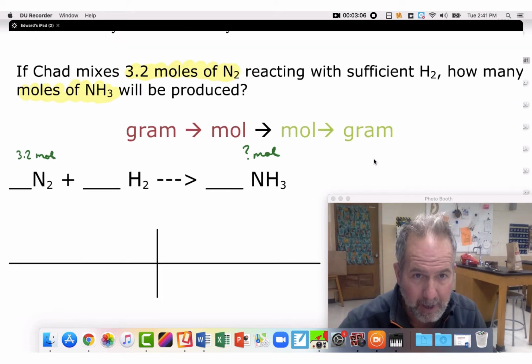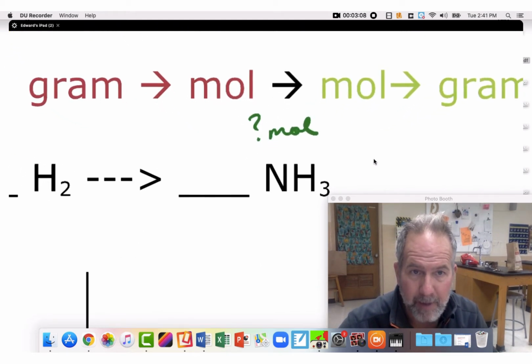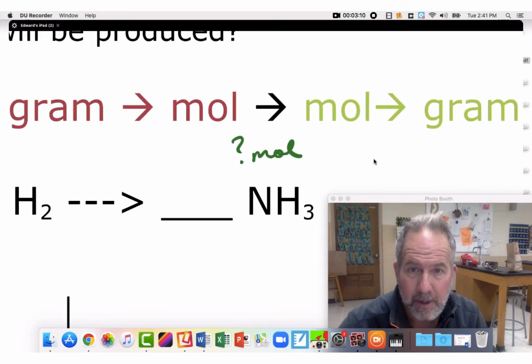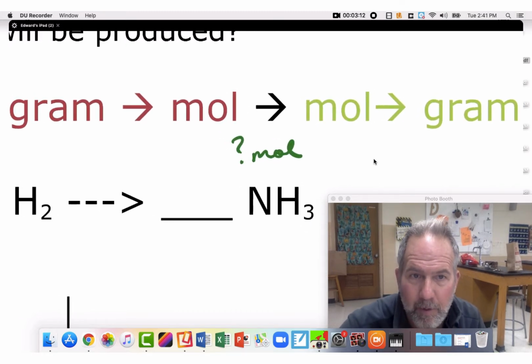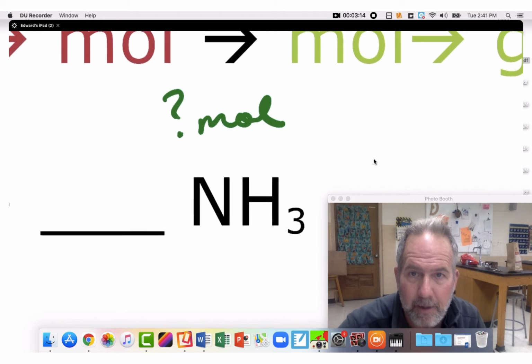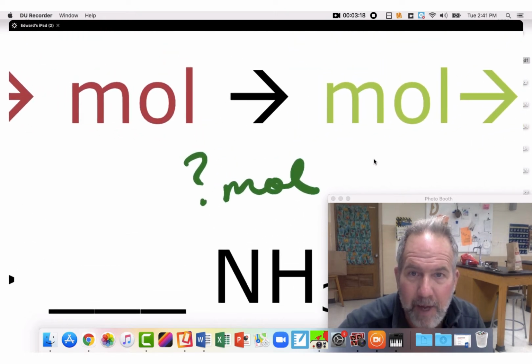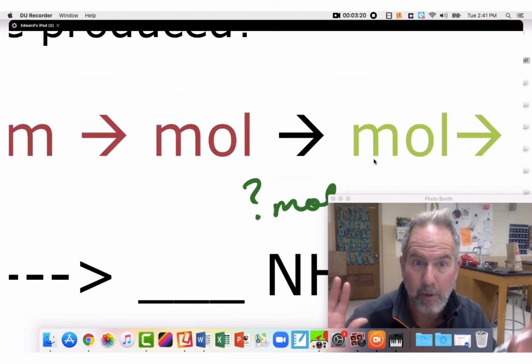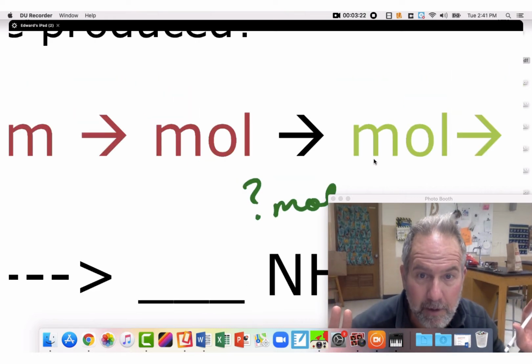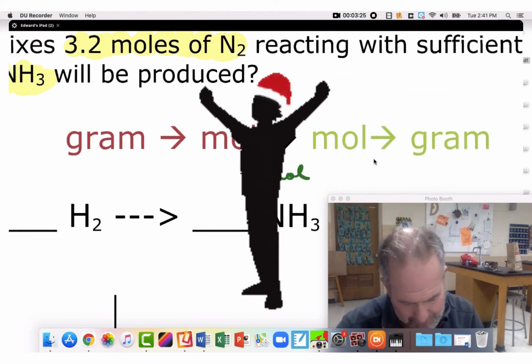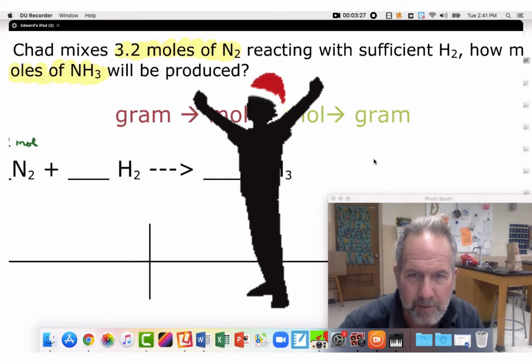Let's look at the map. The map has all these grams and mole in the middle. Look what happens. Oh, I accidentally enlarged it too much. And now the map only shows mole. It's a Christmas miracle. No, it's not a Christmas miracle. It's a stoichiometry miracle.